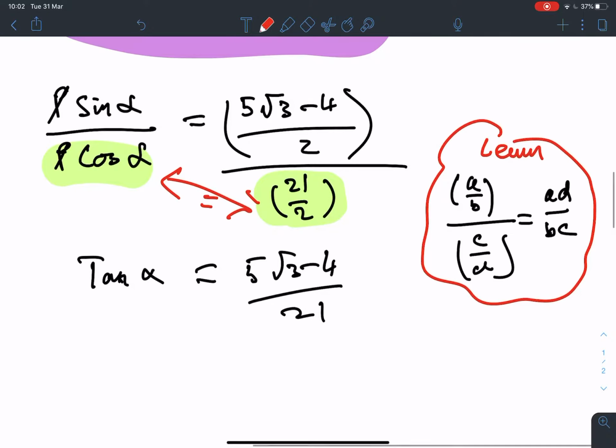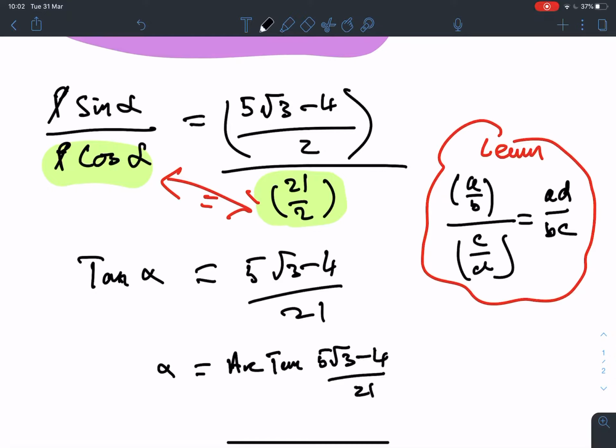Okay, so we're now going to simplify that. Find alpha, so alpha equals arctan of 5 root 3 minus 4 over 21. Well, you'll need a calculator for that. 5 root 3 is going to be roughly, I don't know, 8-ish.